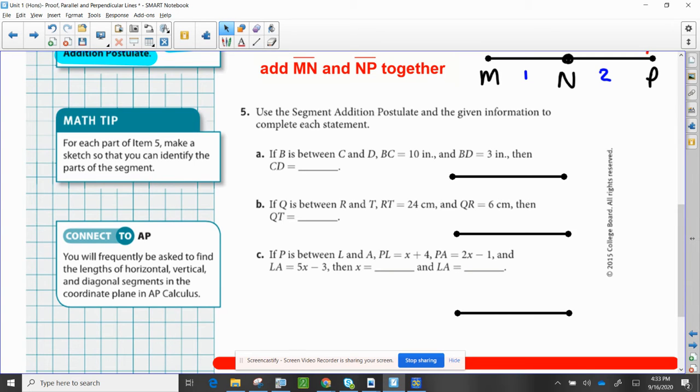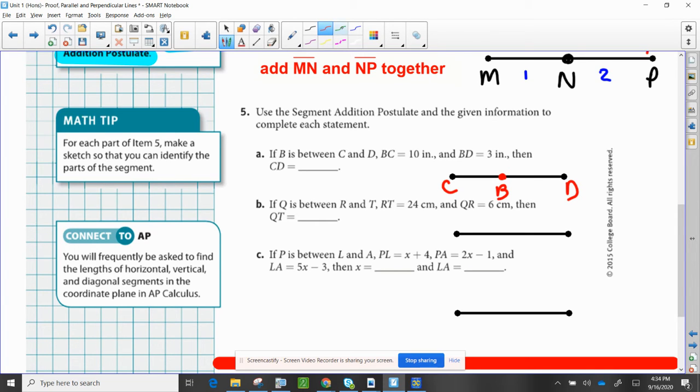We're going to use the segment addition postulate and the given information to complete each statement. Again, I have segments drawn out here already, so make sure you're drawing them in so you understand what we're talking about. But let's look at what is given to us. B is in between C and D, so C and D are my endpoints, and B is somewhere in between there.